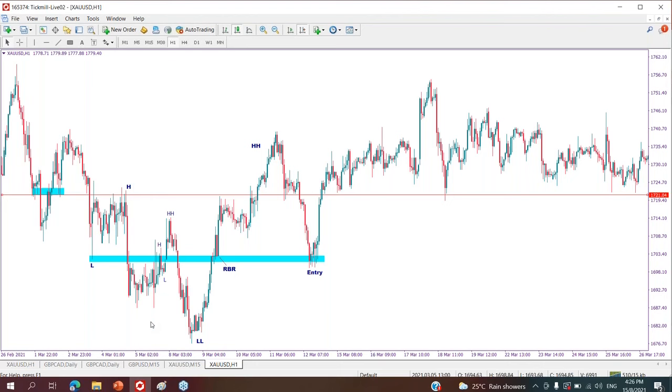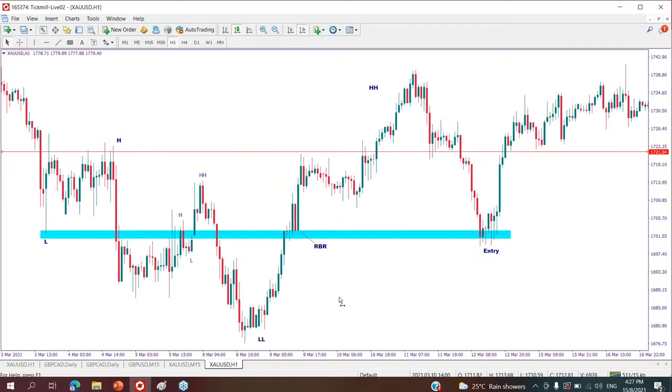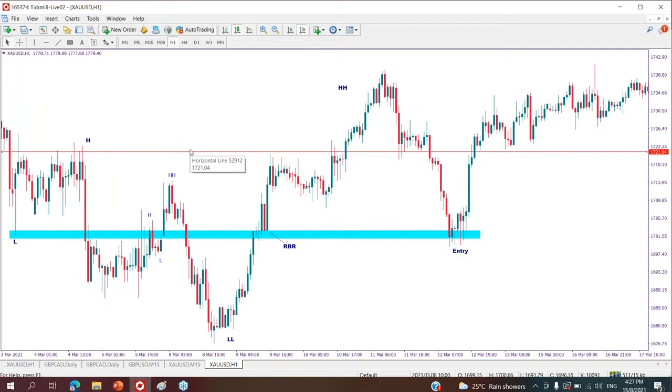And where should we put our SL? Okay. Yeah, I got many questions about this too. That's why, guys, entry point is very important, because from the entry point we can know where to put our SL.